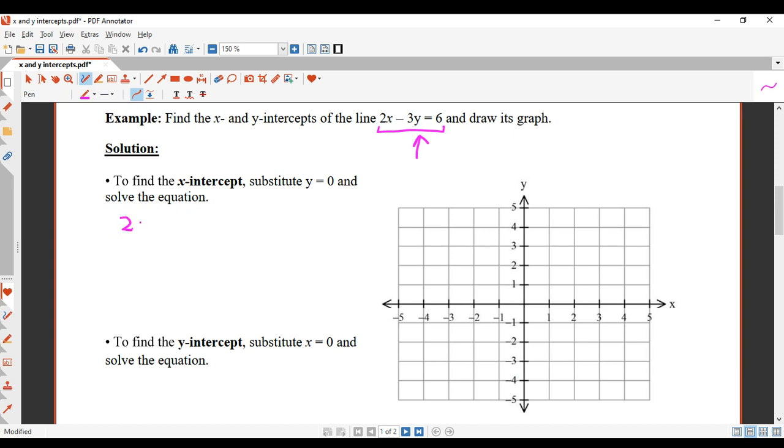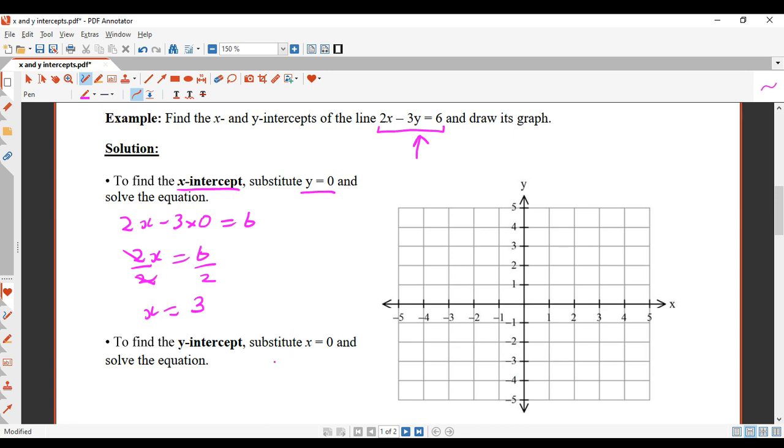So I'm going to get 2x minus 3 times 0 is equal to 6. It's going to give me 2x is equal to 6. Divide by 2, divide by 2, cancel, cancel. So x equals 3 is the x-intercept. You have to substitute y equals 0 into the equation to get the x-intercept.